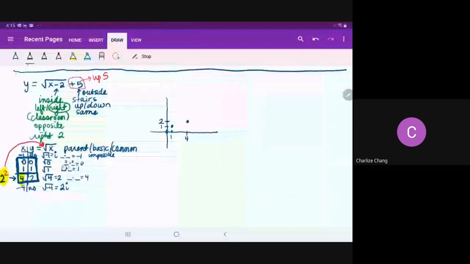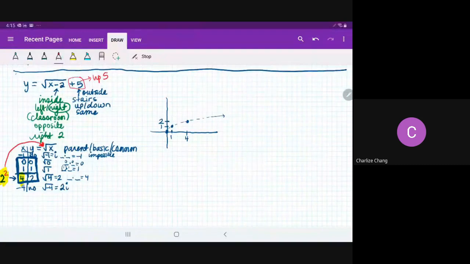Okay, so I graphed this one. I'm going to make this one dashed. Make that one dashed. And then what did we say we wanted to do to it? Right 2, up 5. So make each of your, I forgot my no. No, okay. So that's an R graph. And then each of our dots is going to go right 2, up 5.